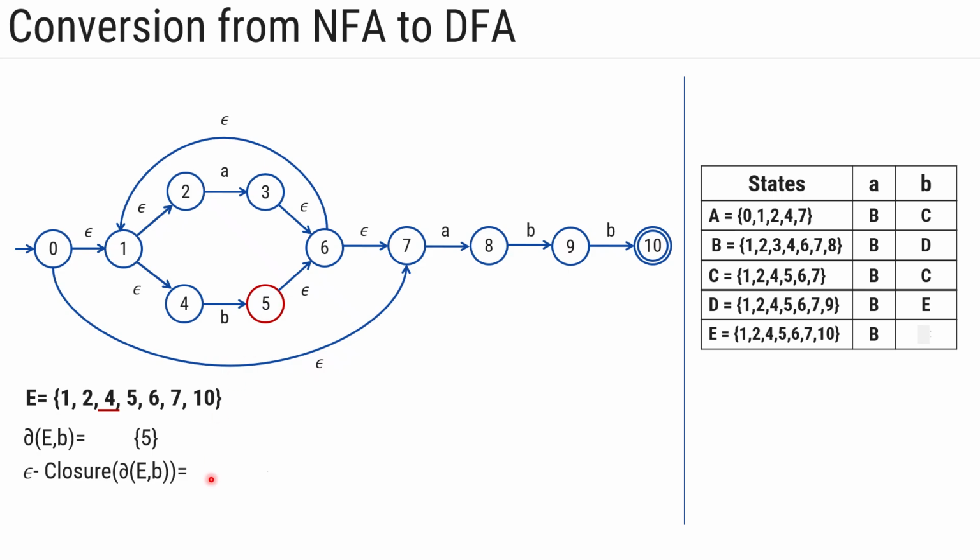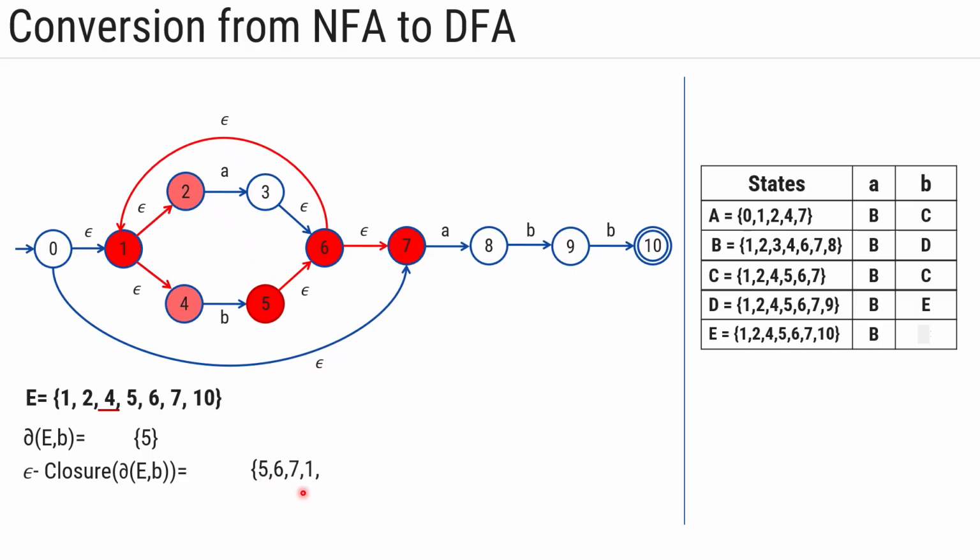The e-closure of 5 is 5, 6, 7, 1, 2, 4. Look at this, all these are color coded here, so all of them are added to the set.